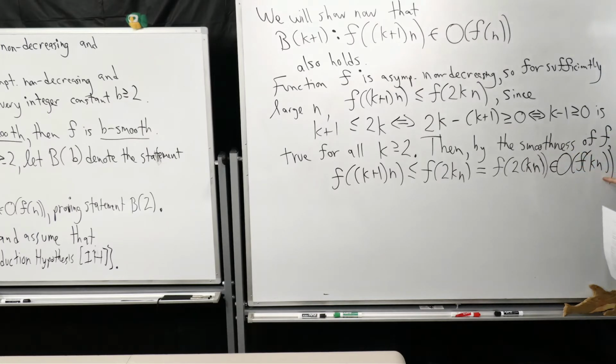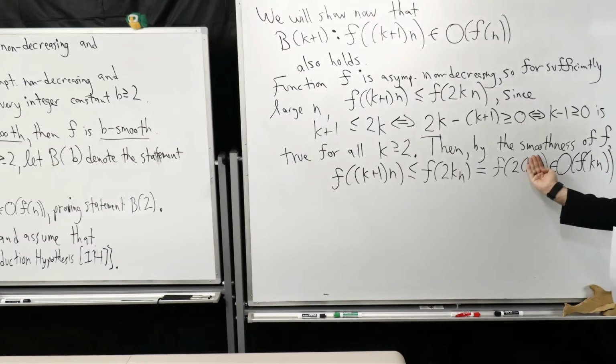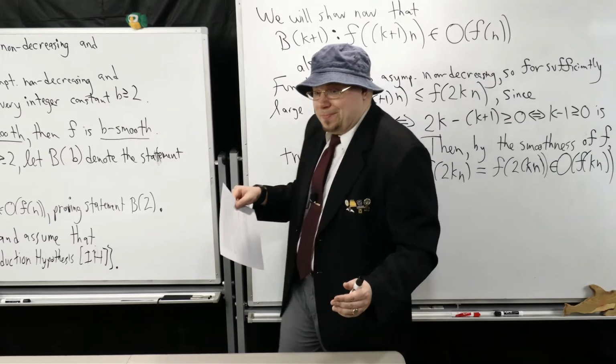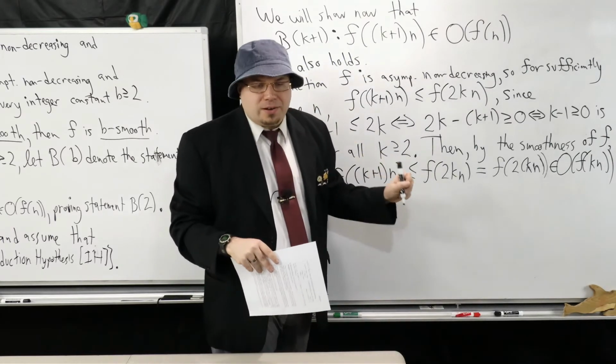So I get this. Do you see? This is a very slick little trick I've just performed here. If it's really hard for you to see, just imagine I put another variable right here, like m, so 2 times m. I'm just going to drop the 2, and then I end up with just k times n, or just m. So that's how I'm using smoothness here.